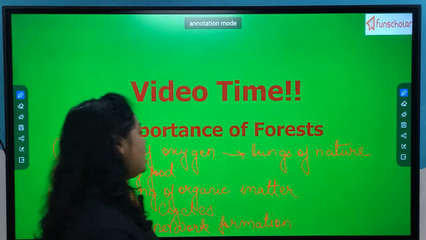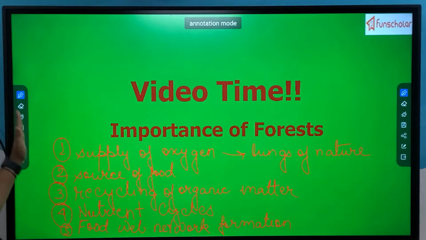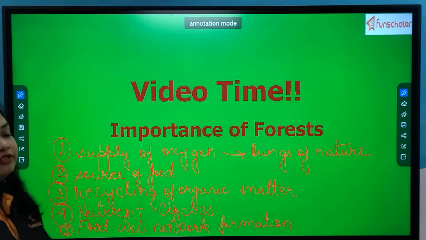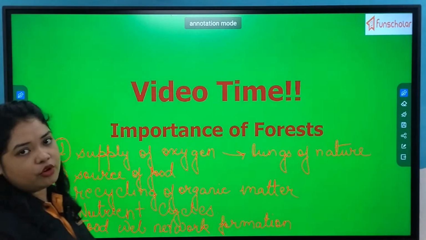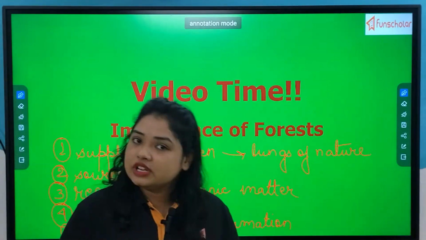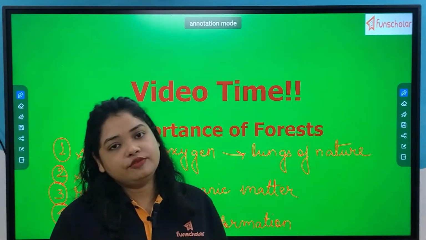So these are the main functions which can be included under the importance of forest, for which we need to conserve forest by afforestation and not deforestation.